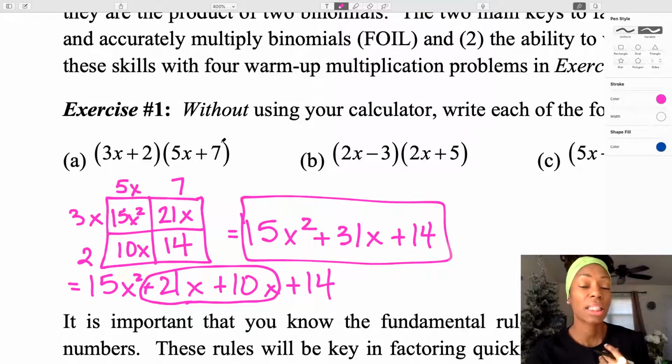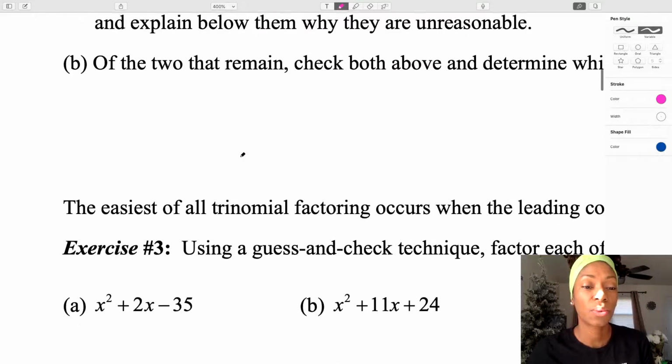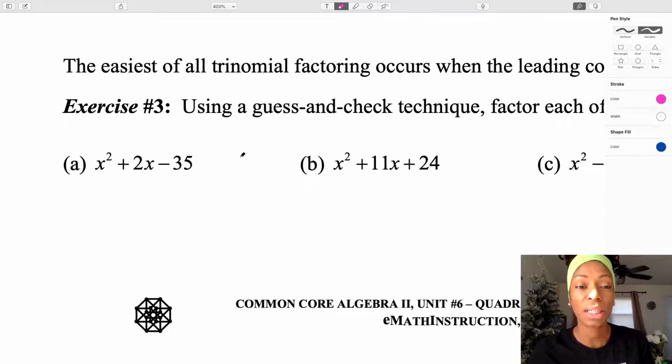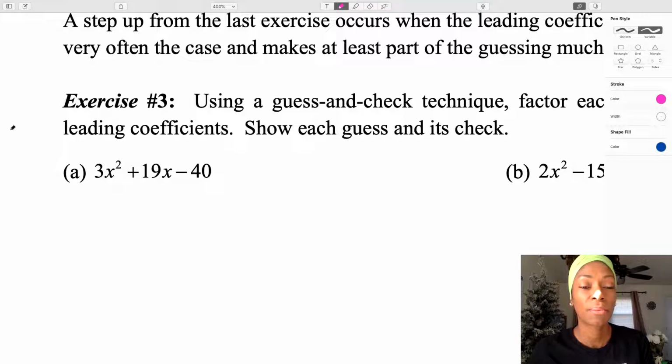Now, to use the box method to factor, we're going to do this process in reverse. So I'm going to do exercise 3A. I chose exercise 3A because the coefficient of x squared is 3 and not 1.